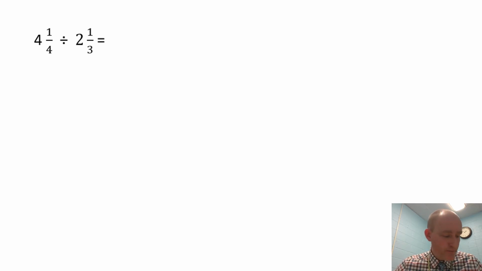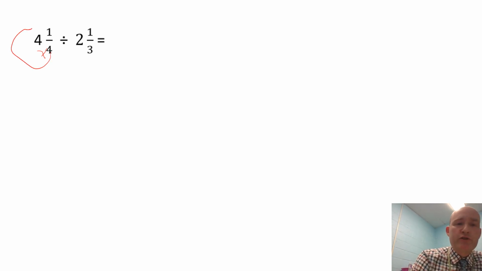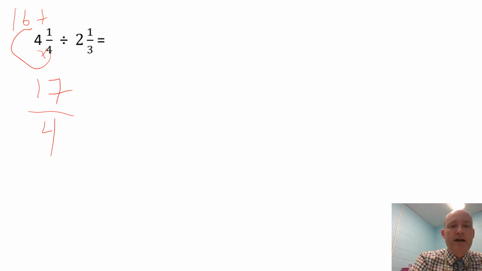Last question. How do we divide two mixed numbers? Well, again, we have to first make them improper fractions. So you have to do the horseshoe. 4 times 4, 16. 16 plus 1, 17. 17 over 4. We have divided.